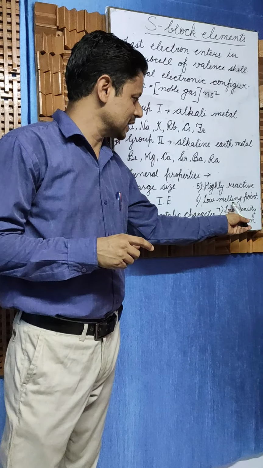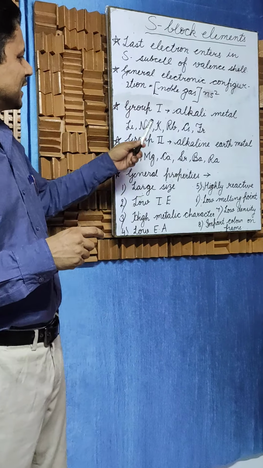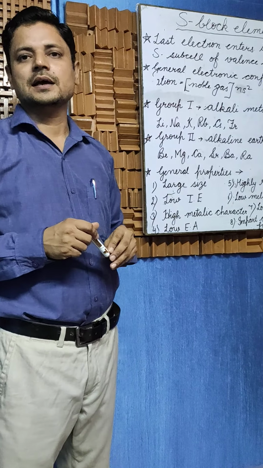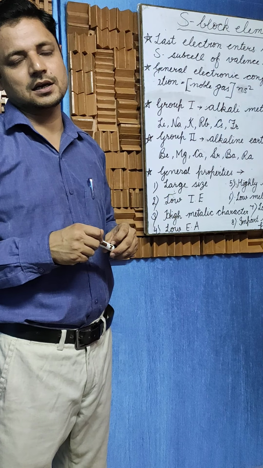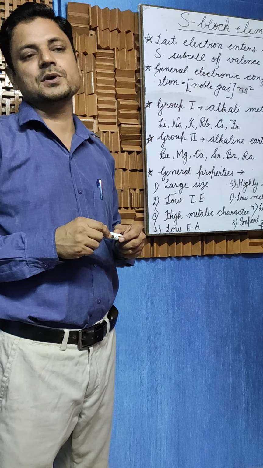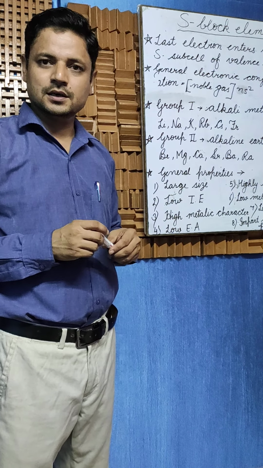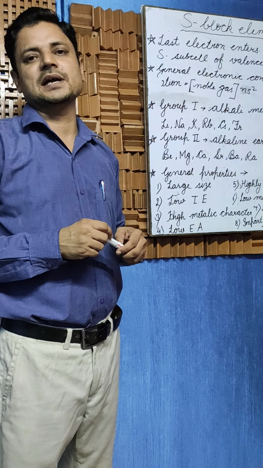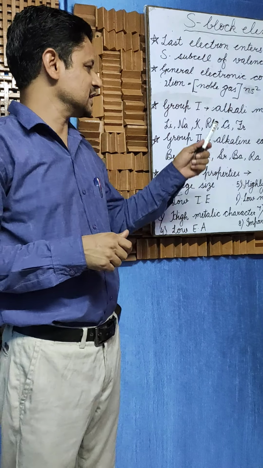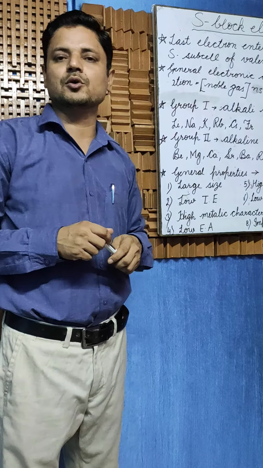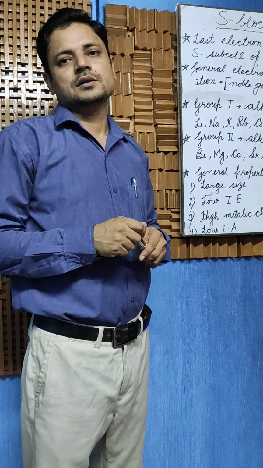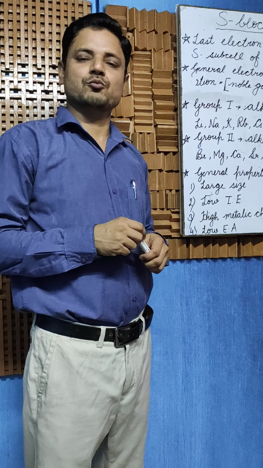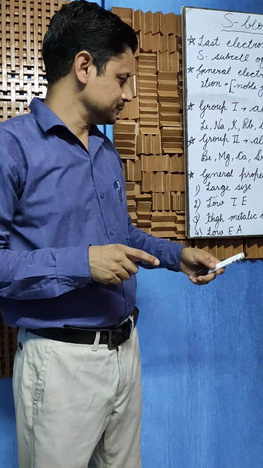Next is low melting point. The melting points of alkali metals as well as alkaline earth metals are very low because of weak intermolecular metallic bonds. Since there is a weak metallic bond, their melting and boiling points are very low.